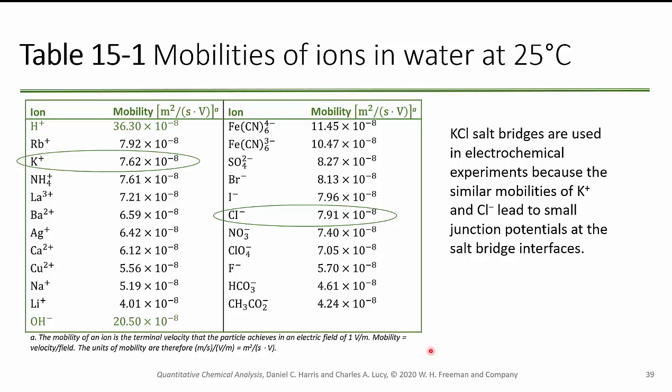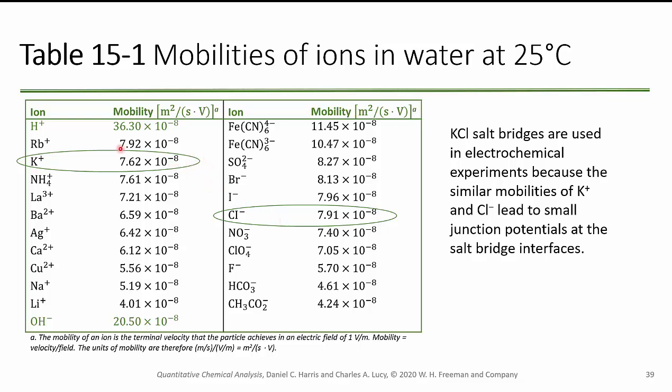Okay. We do know some things about the mobilities of ions in water at 25 degrees C. KCl salt bridges are oftentimes used because the mobilities of the potassium and chloride ions are relatively close to each other, about 7 times 10 to the minus 8 meters squared per second per volt.